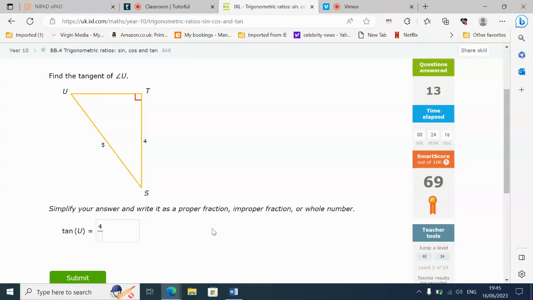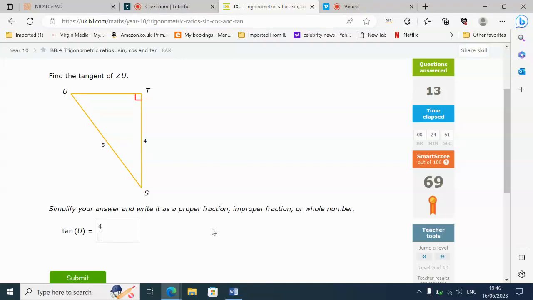So c squared is the hypotenuse, which is 5 squared, and then b squared is the opposite, which is 4 squared. So 5 squared is 25, and 4 squared is 16. You need to subtract those numbers.